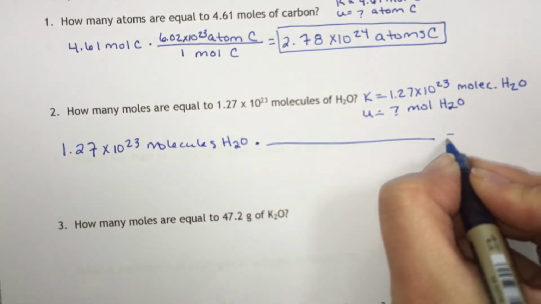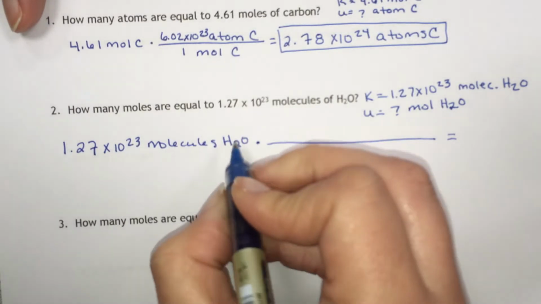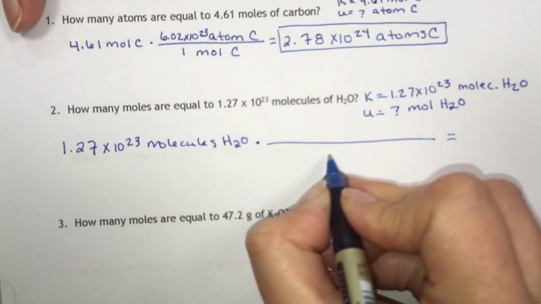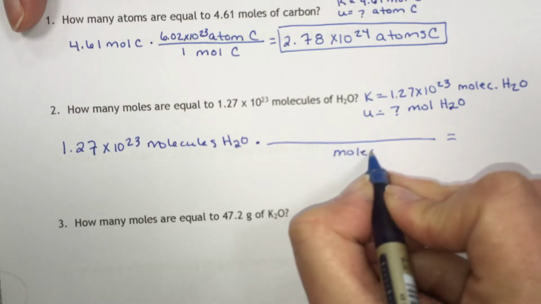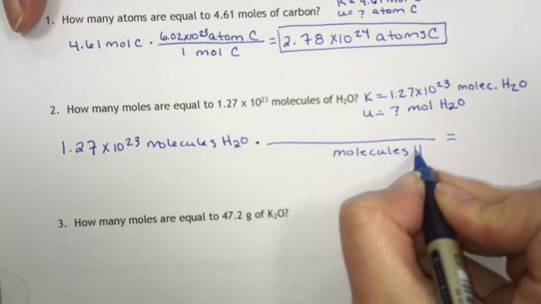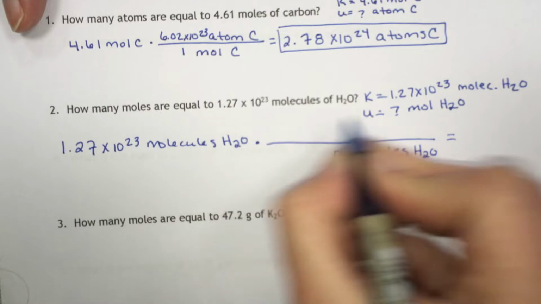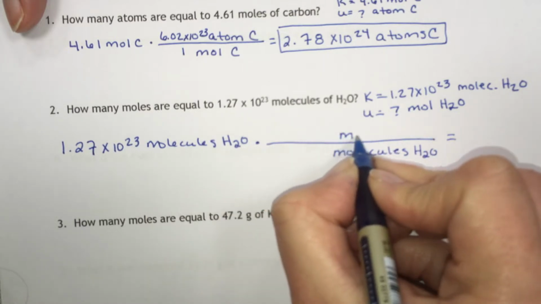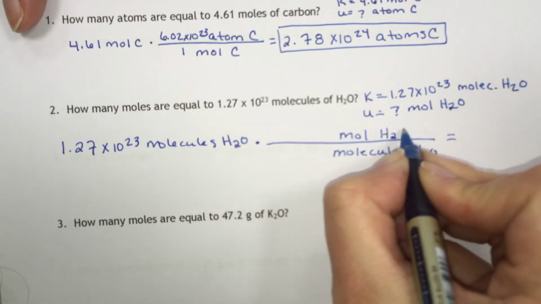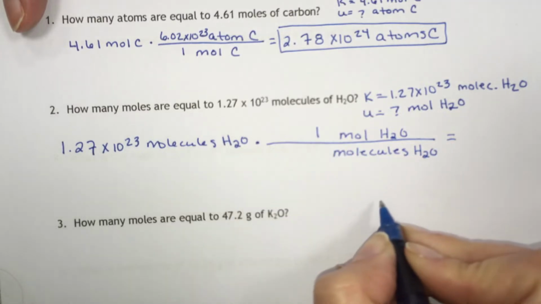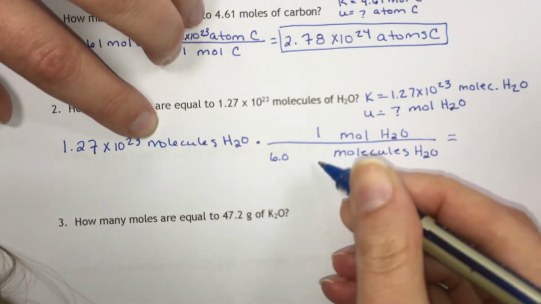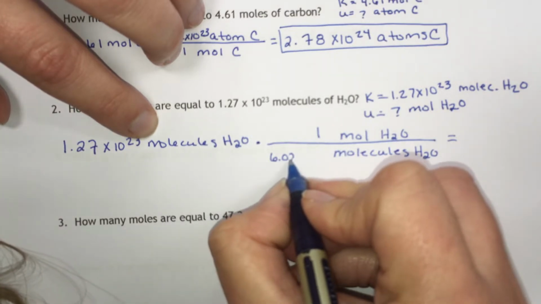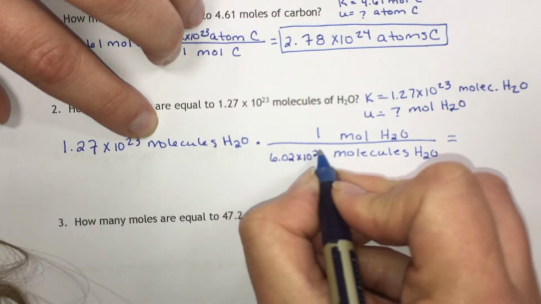times equals. So we have, this needs to go down here. And what we need is up here. So for every 1 mole of H2O, again, it's just a conversion factor. It's just like saying for every kilogram, it's 1,000 grams. 6.02 times 10 to the 23rd.